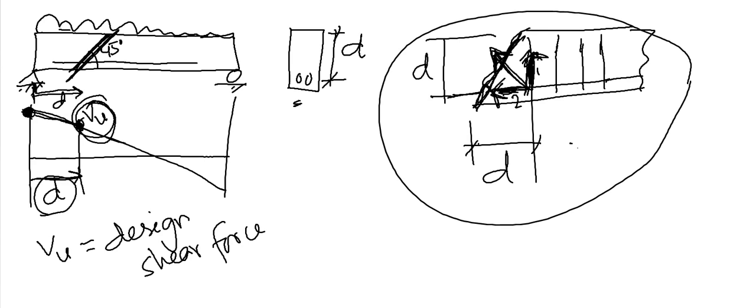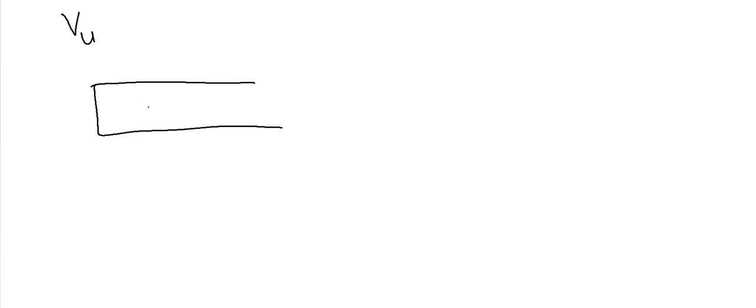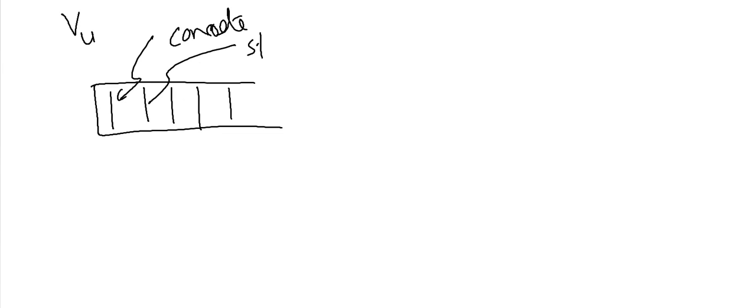Okay, now whatever the design shear force I have, who will take this shear force? If I draw the beam again, my beam has some concrete, so this is concrete, and I have the shear reinforcement this way. So I have two things, one is concrete, one is steel.